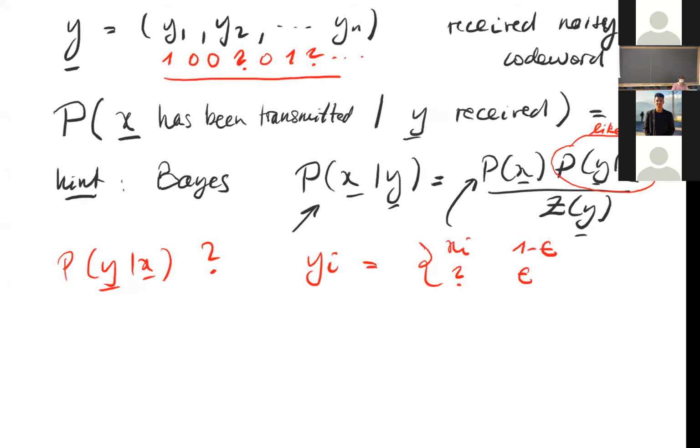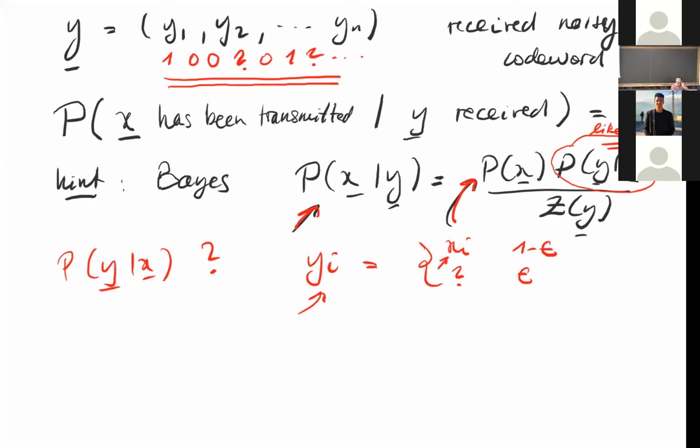So how can you combine this information, this noisy code word that you received, with the prior here, which is the rule that represents the code, together to get the probability that a given code word is X, given that you received Y? So try to think how to design this function here. It's called the likelihood. And what is important also is that these Yi's are independent, conditioned on the Xi's.